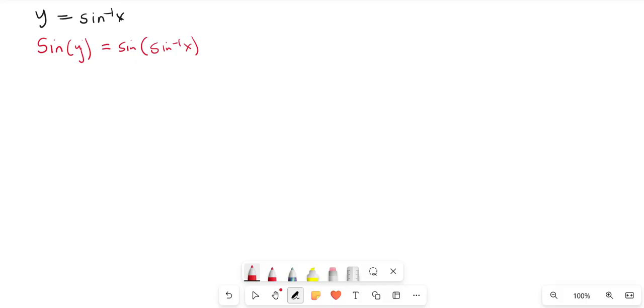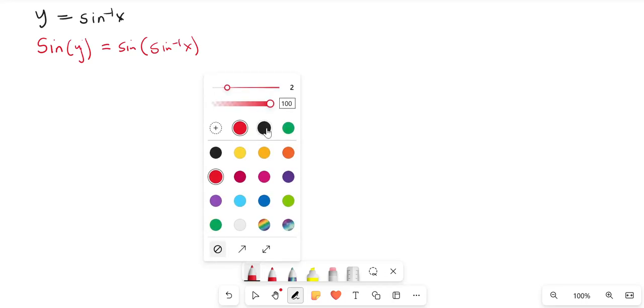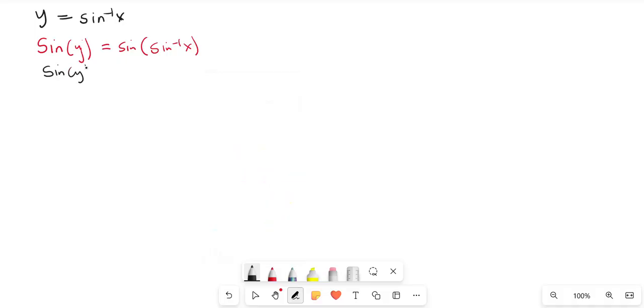So after this step, a few things will simplify out. The left hand side will remain as sine of y, and the right hand side, sine of the sine inverse of x, is like the sine and the sine inverse cancelling out, so we are just left with x.